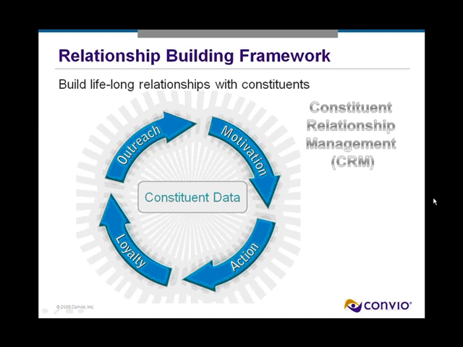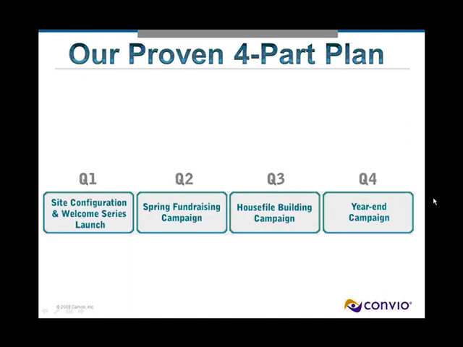In the course of the Convio Go program, everything we do fits into these 4 categories and is meant to build your relationships with your constituents using the web and making the most of your Convio tools and making sure that using those tools, you've got the fundamentals in place to build those relationships and grow your program online over time.